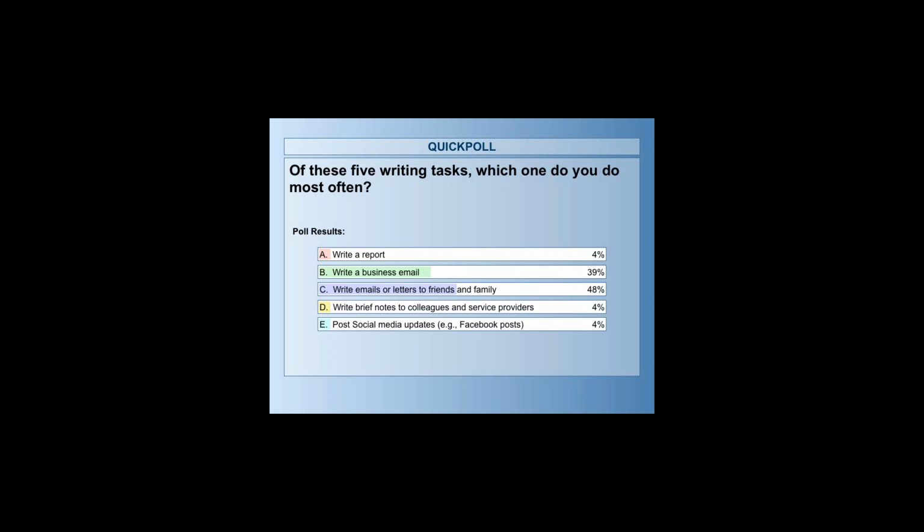We primarily are writing emails. That's what we see here. So that's something for us to consider when we are helping our learners write. What's going to be something that they're going to really need to do if they're going to advance? Certainly in college and career readiness level, they're going to need to be able to write emails. So we need to put that in as the basis of some of our writing lessons.